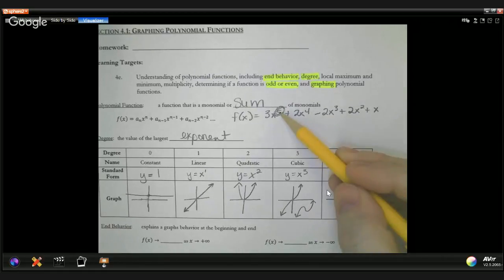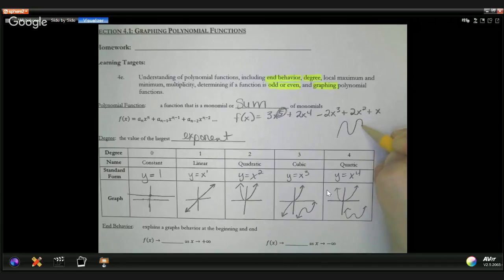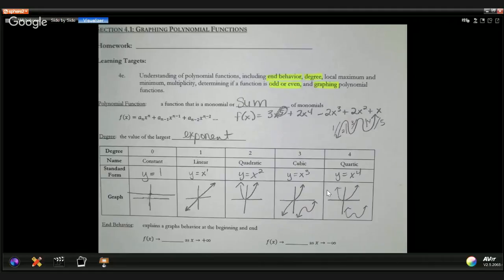So a 5th power is going to go up, that's 1, down, that's 2, up, that's 3, down, that's 4, up, that's 5. So because it's degree 5, it has 5 changes: 1, 2, 3, 4, 5. So it goes 5 different directions. So any graph we have, whatever the exponent is, that tells you how many times you go up and down.